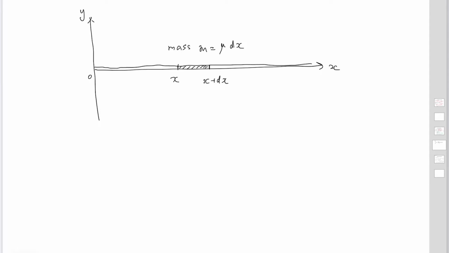And in this case, the position of the element remains horizontal.